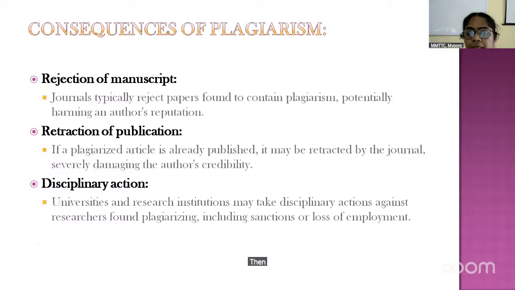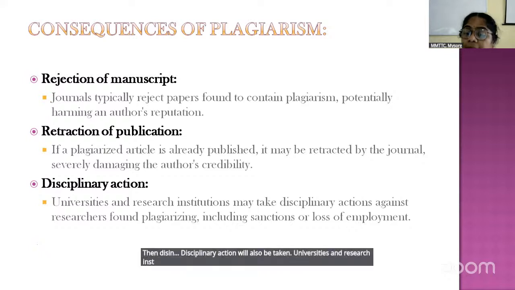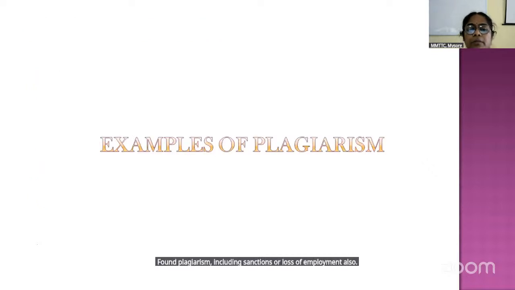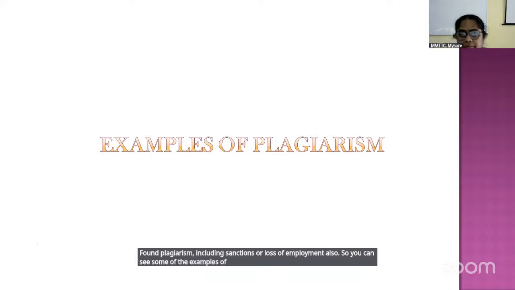Then disciplinary action will also be taken. Universities and research institutions may take disciplinary action against researchers found plagiarizing, including sanctions or loss of employment also. So you can see some examples of plagiarism.